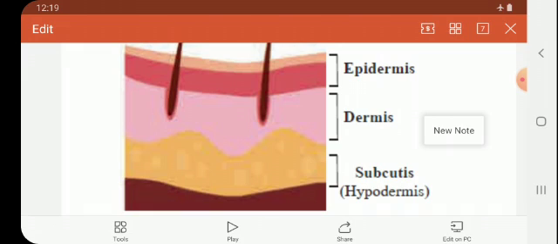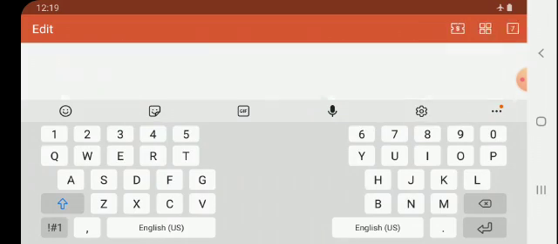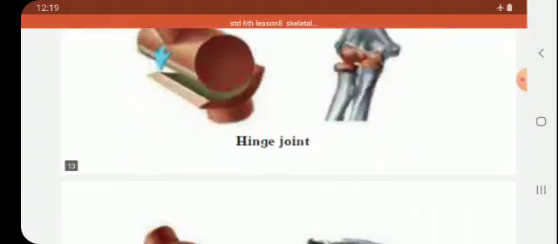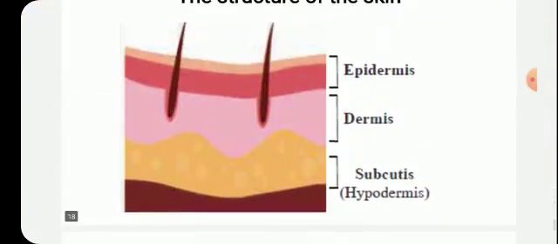Epidermis is the outer layer, so it protects us from outside injury. Dermis helps the epidermis in maintaining that work. So in this way, we have studied the structure of the skin.